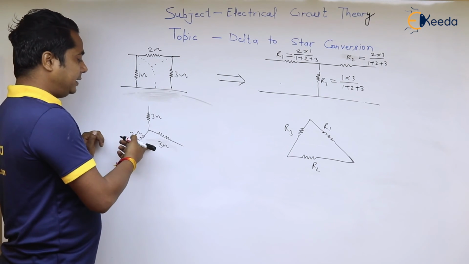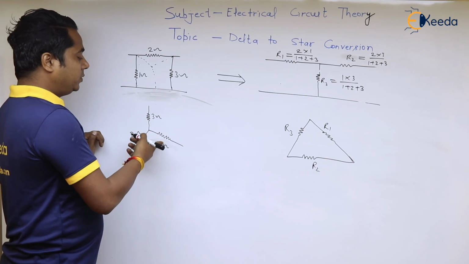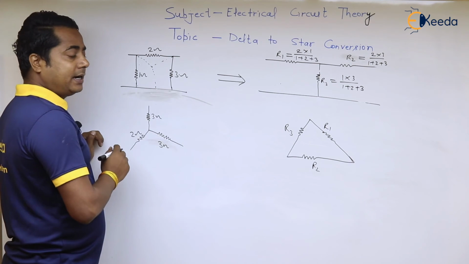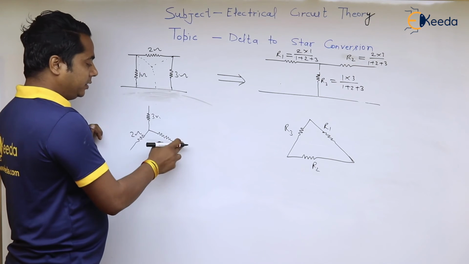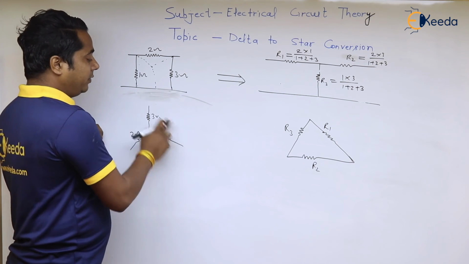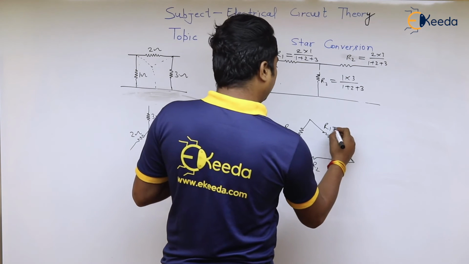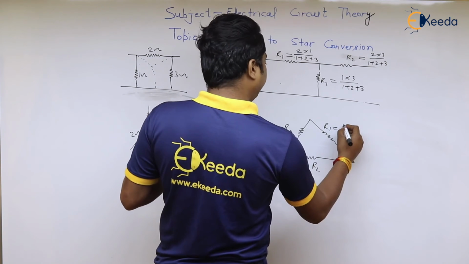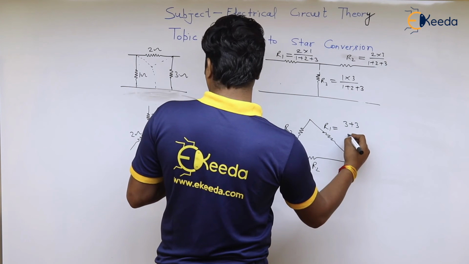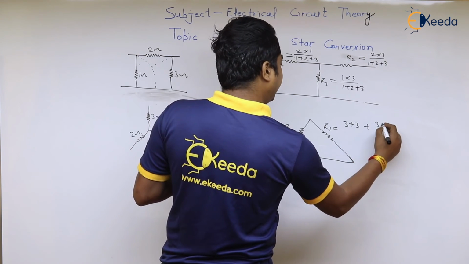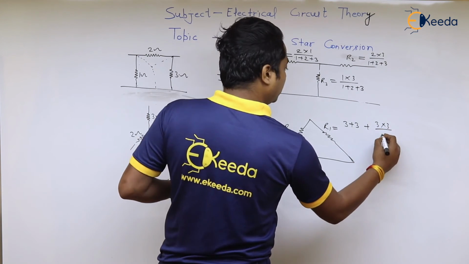Next question is this: 2 ohm, 3 ohm, 3 ohm, these three resistors are connected in star. Now what will be the value of your R1? This. So the value of this R1 will be equal to 3 plus 3 plus 3 into 3 upon 2.